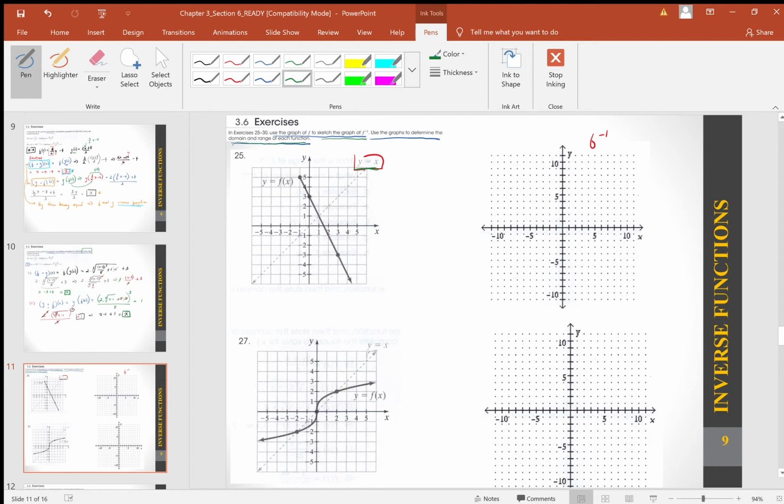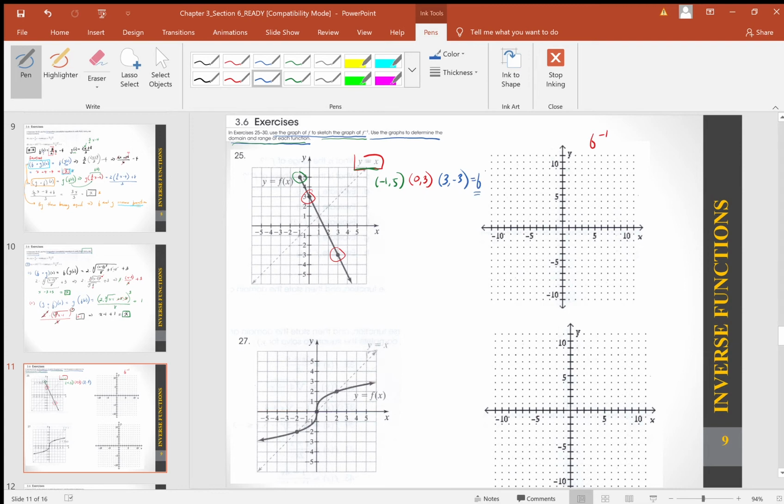So for this particular one, we have a coordinate here, which is what? -1, 5. We have another coordinate here, which is 0, 3. Okay, and we have another coordinate here, which is 3, -3. So this is for your function.